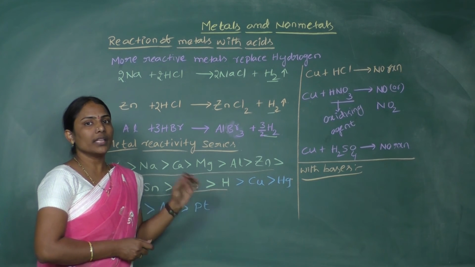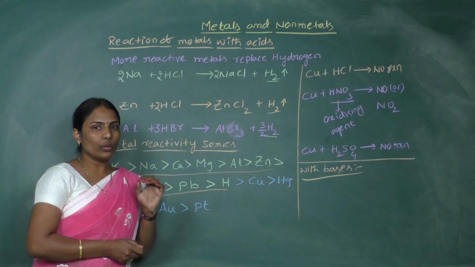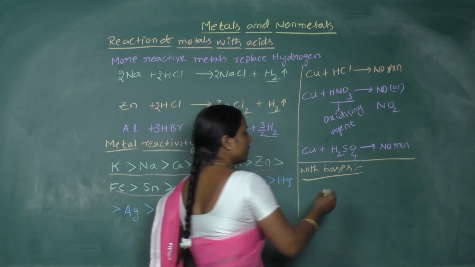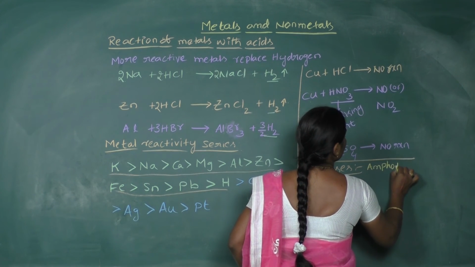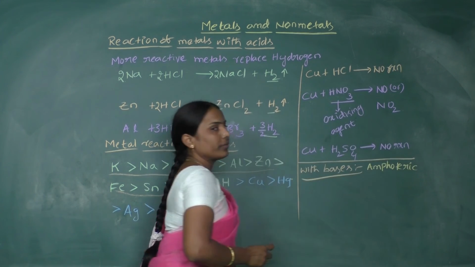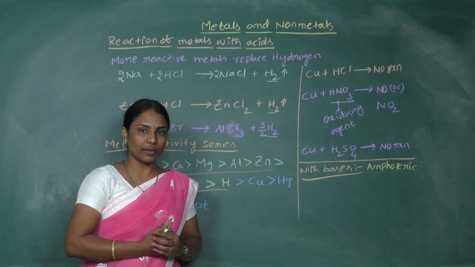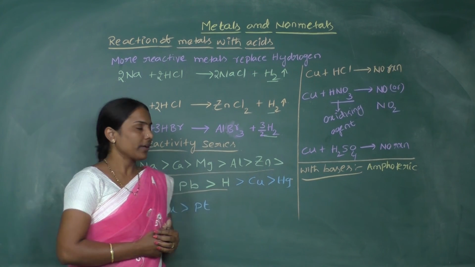But there are many metals which do not react with bases. There are only very few metals which can react with bases, and the metals which can react with bases are called amphoteric. What do we call the metals which react with bases? We call them amphoteric metals, because the same metal can even react with the acid, right?